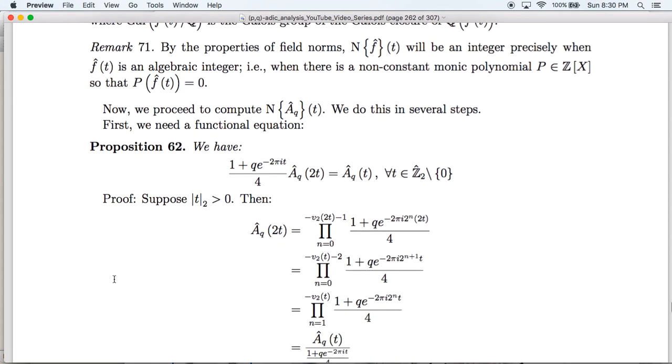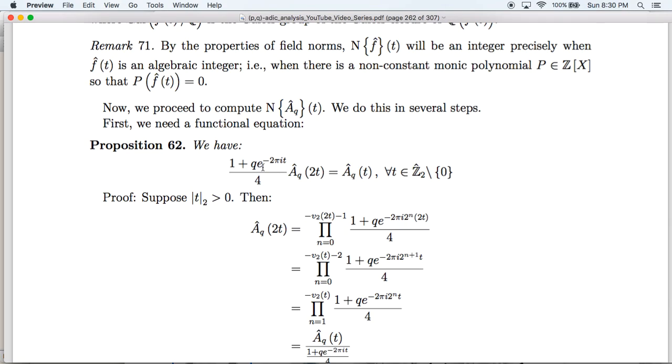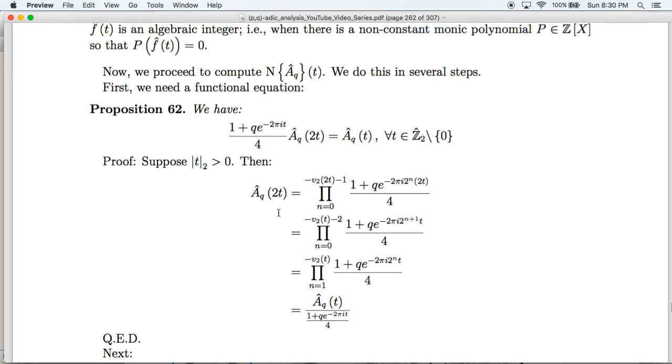Let t be non-zero, then 1 plus q e to the negative 2 pi i t over 4 times a_q hat of 2t is equal to a_q hat of t. Suppose t is non-zero, and then we just plug into the definition. Here v2 of 2t is going to be 1 plus v2 of t, and since that is negative, we get a minus, and so this reduces, and we just pass from 2 to increasing n by 1.